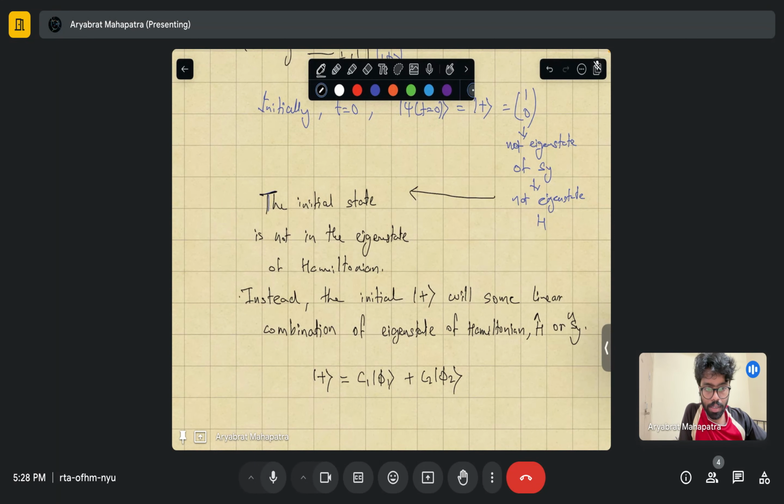For example, say you have an infinite well potential. Are you familiar with the infinite well?